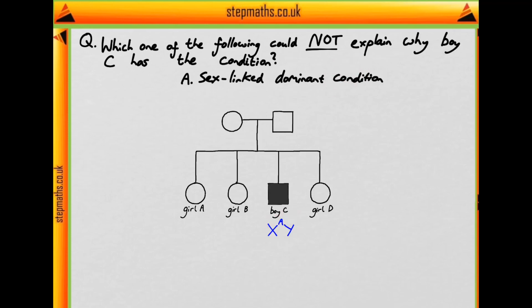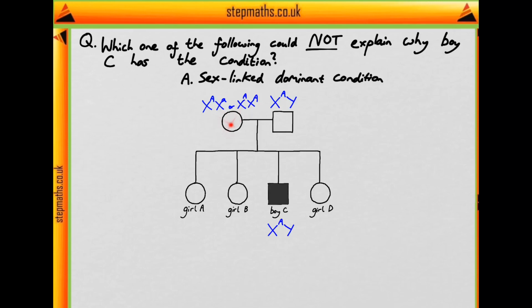If boy C has this XA, that means this allele must be provided by either his father or his mother. Therefore, his father must have had that genotype, if he is the one that contributed this allele, or his mother could have had either of these two genotypes, heterozygous or homozygous dominant.